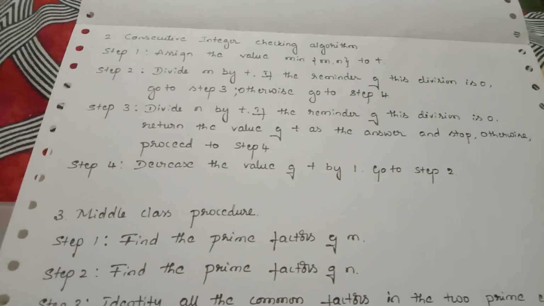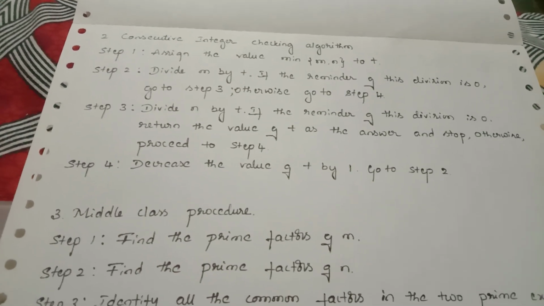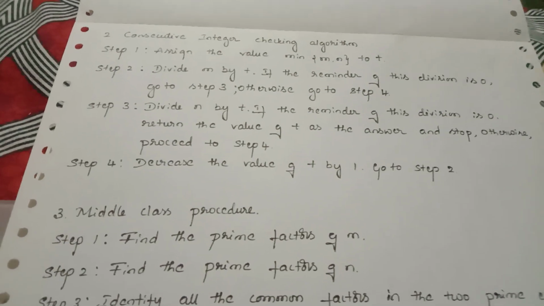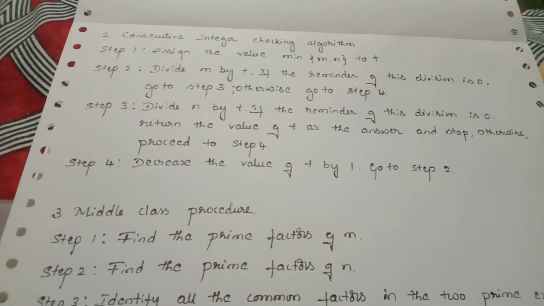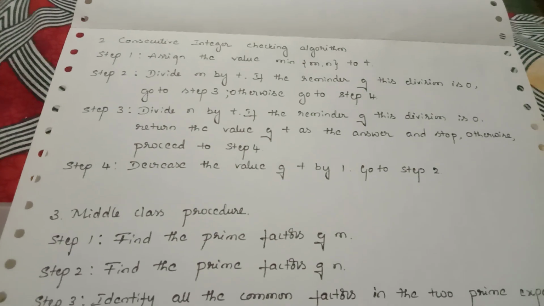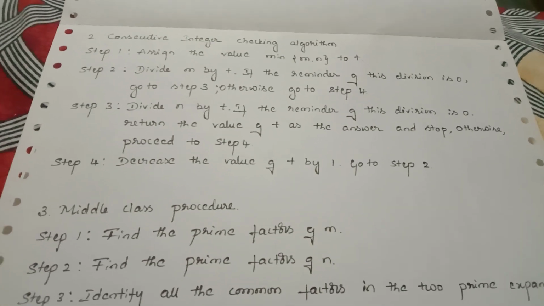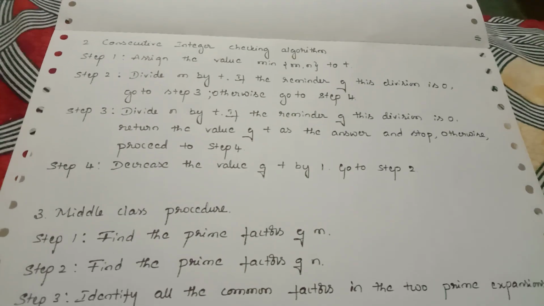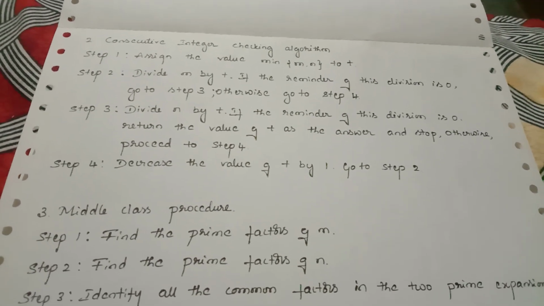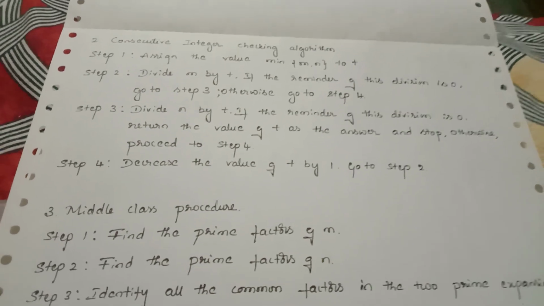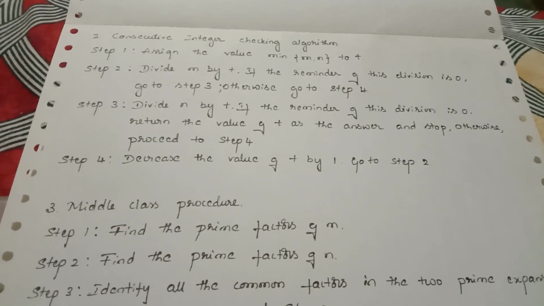First, when we are given two numbers, m and n, we have to take the smallest number among m and n, and that smallest number has to be assigned to another variable called t. Let us take as an example 60 and 24, where 24 is the minimum between 60 and 24.